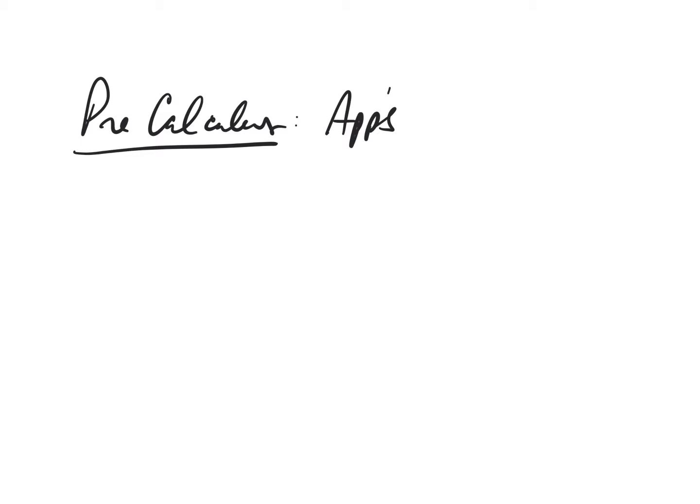We did one yesterday involving exponential growth, and I'd like to get started today with an exponential decay example. Now, the equation for exponential decay varies just slightly from exponential growth.